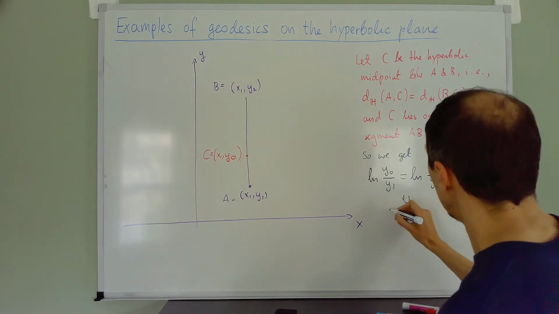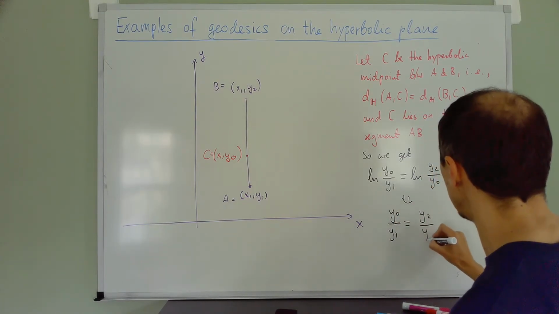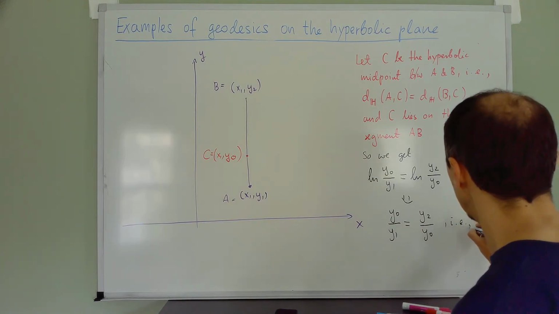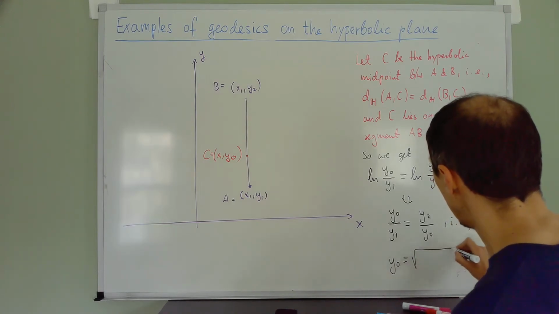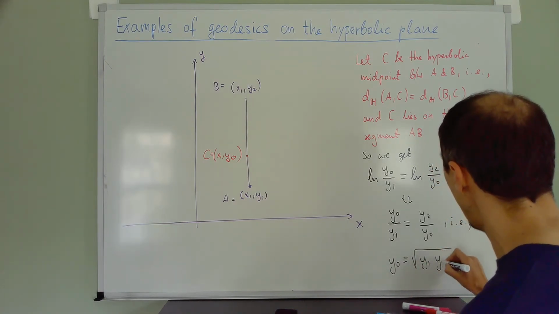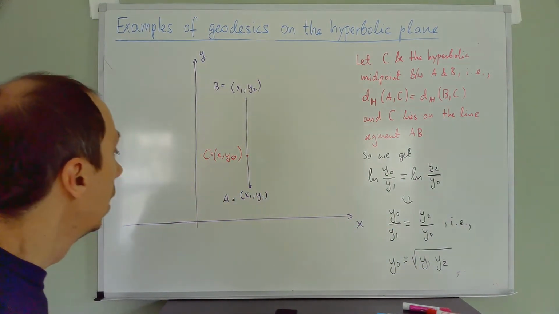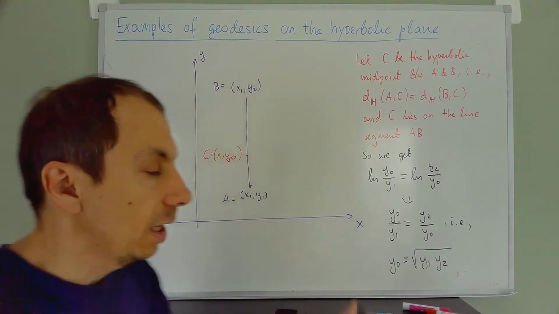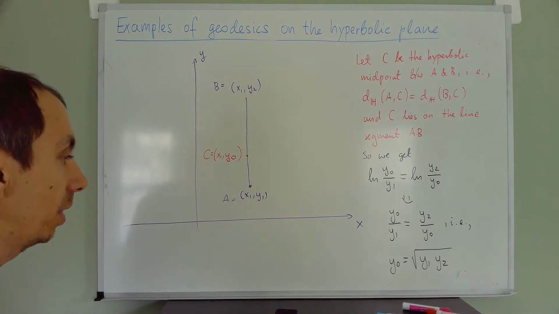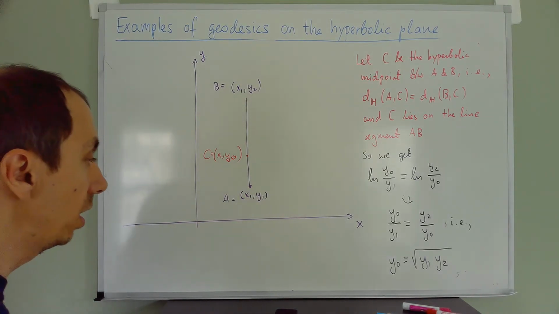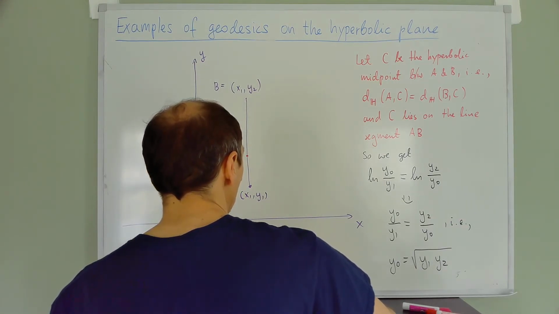From which we get that y0 divided by y1 is equal to y2 divided by y0, i.e. y0 is the geometric mean between y1 and y2. That should actually remind you of something. In other words, y0 squared is equal to y1 y2.